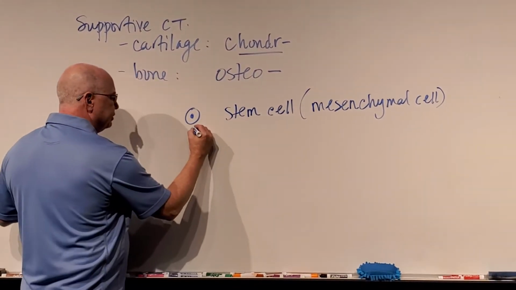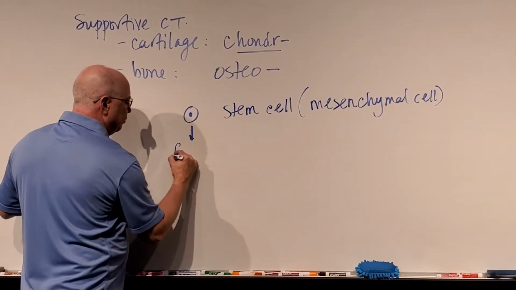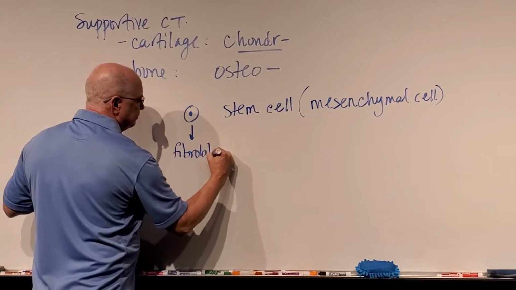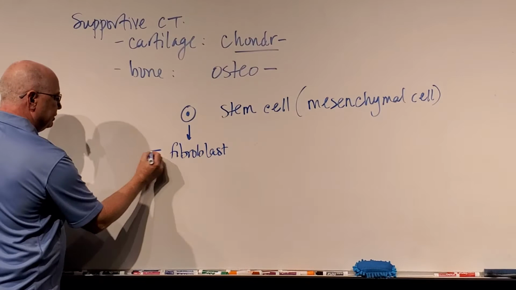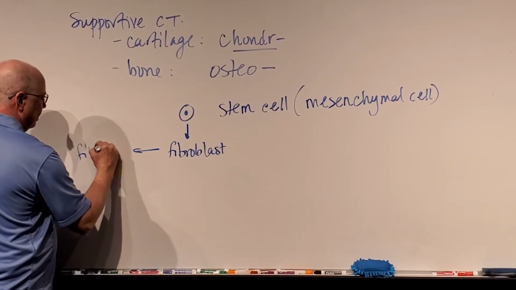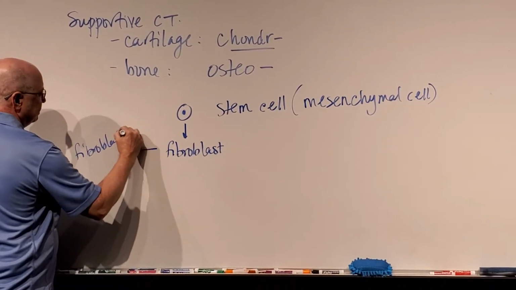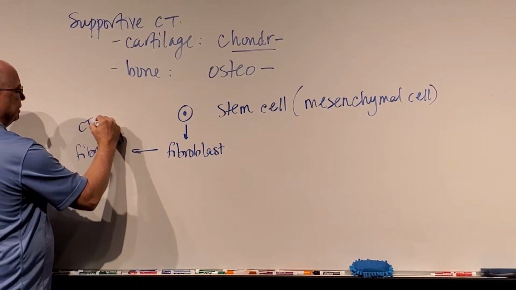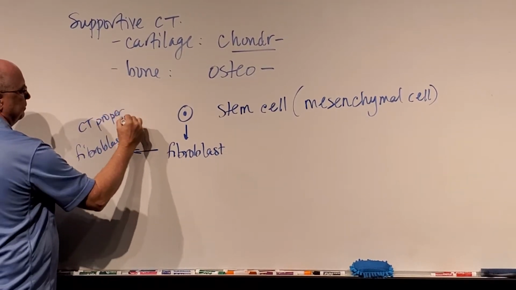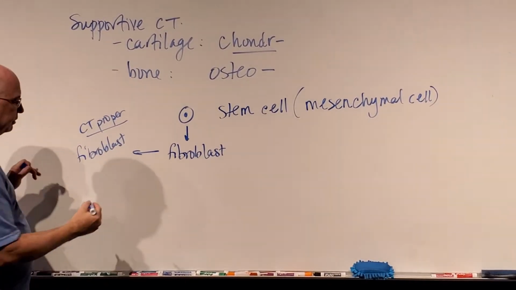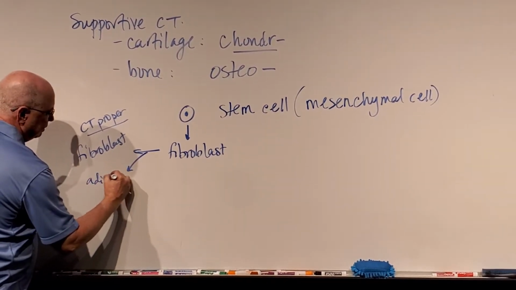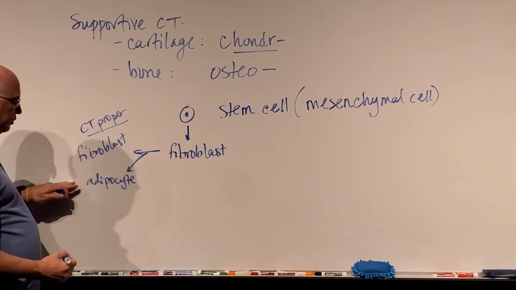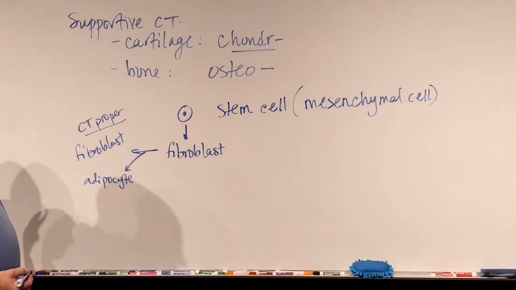Some of those stem cells will start to grow up to become what we call a fibroblast. Now that fibroblast can stay a fibroblast its entire life. If it's going to stay a fibroblast, it's going to stay in connective tissue proper. And sometimes those fibroblasts will branch off and become an adipocyte for adipose tissue, which is a modified fibroblast.